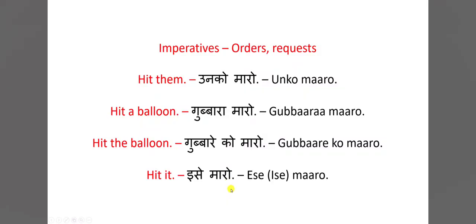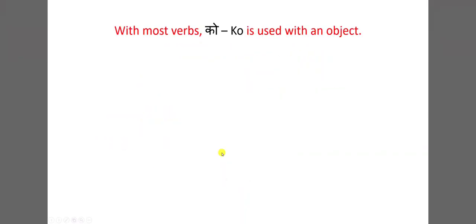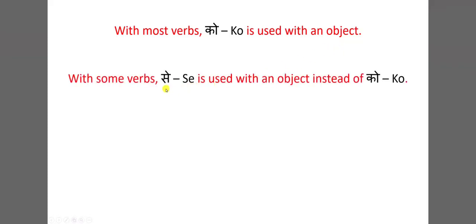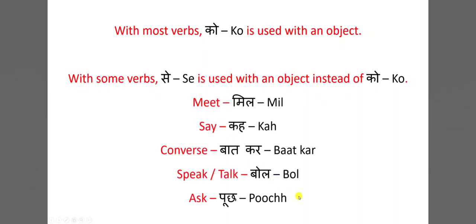Alright? Next. With most verbs, ko is used with an object. That is what we saw just now. But with some verbs, say is used with an object instead of ko. And those verbs are these: meet, converse, speak or talk, and ask.